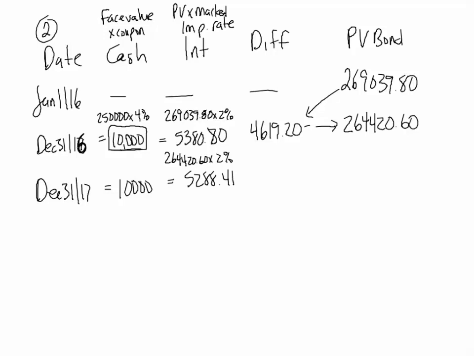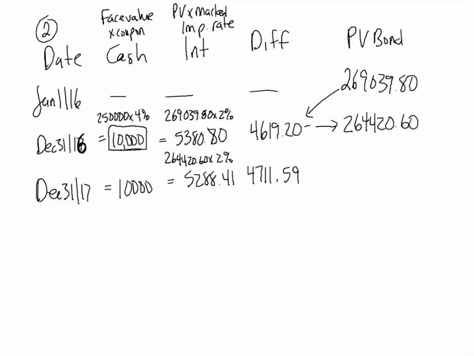If I then take that amount and I subtract the 10,000 from it, it's going to tell me how much the present value is going to decrease by, which is $4,711.59. Is that correct?